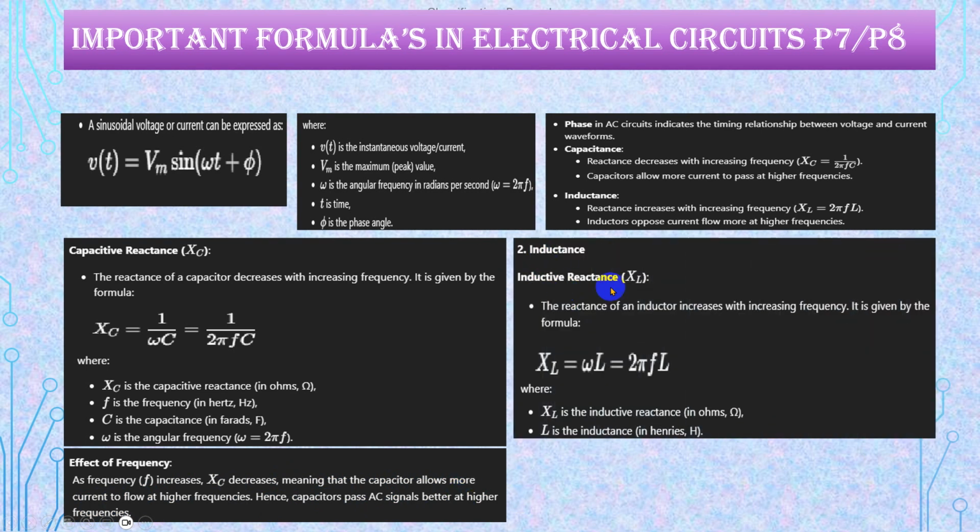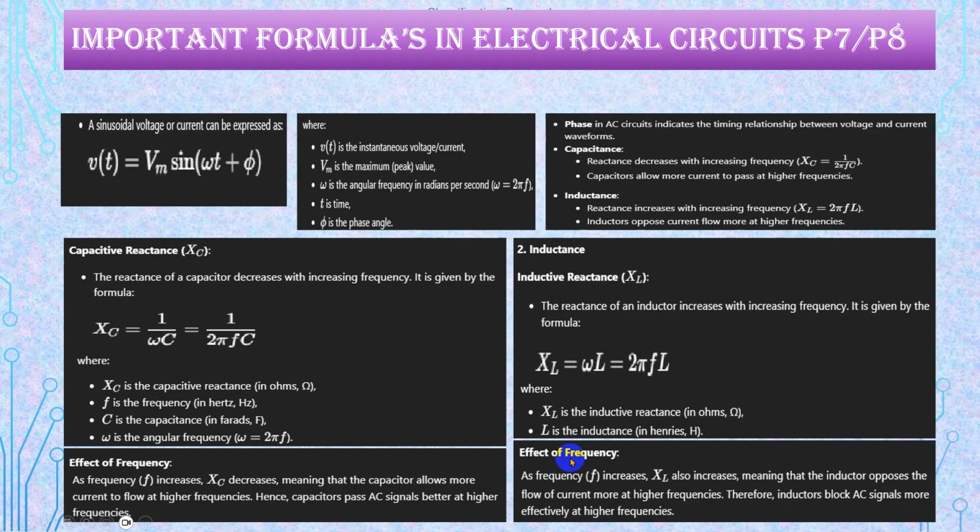Now inductive reactance is XL equal to 2 pi f L. The reactance of an inductor increases with an increase in frequency. XL is the inductive reactance in ohms and L is the inductance in henries. Effect of frequency on inductance: as frequency increases, XL also increases, meaning the inductor opposes the flow of current more at higher frequency.